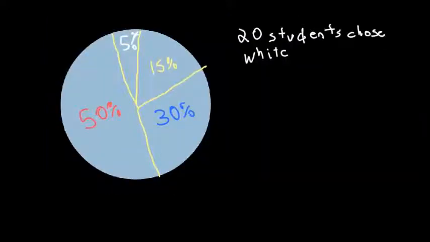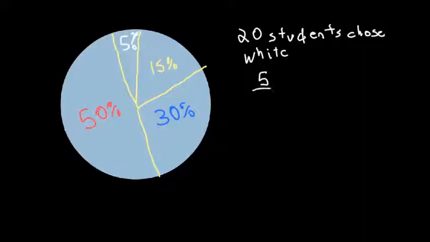Alright, so here I have the circle graph already made. So 5% is white, 15% is yellow, 30% is blue, and 50% is red. And 20 students chose white. So that 5% means that's 20 students. So first I need to find how many students there are. So I'm going to take the 20 students and the 5% and put that into my proportion.